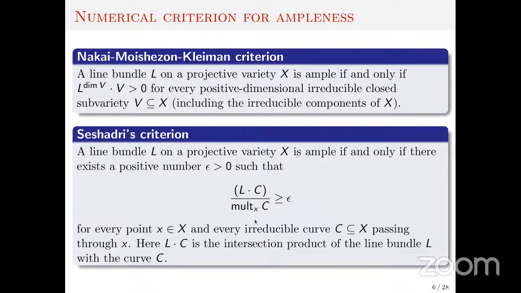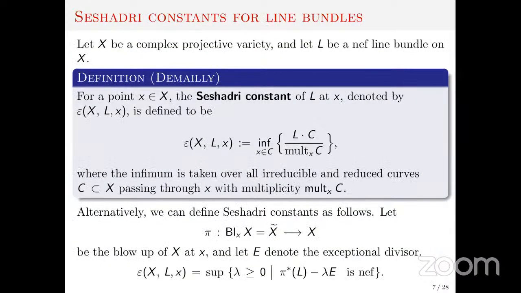All right. So these are the two criteria that will be important for our talk, and based on these two criteria, we will define the Seshadri constant. So let me come to the definition of the Seshadri constant for line bundles. We fix a nef line bundle L on a complex projective variety X. The Seshadri constant was introduced by Demailly in order to tackle the Fujita conjecture, and it was inspired by Seshadri's criterion for ampleness.